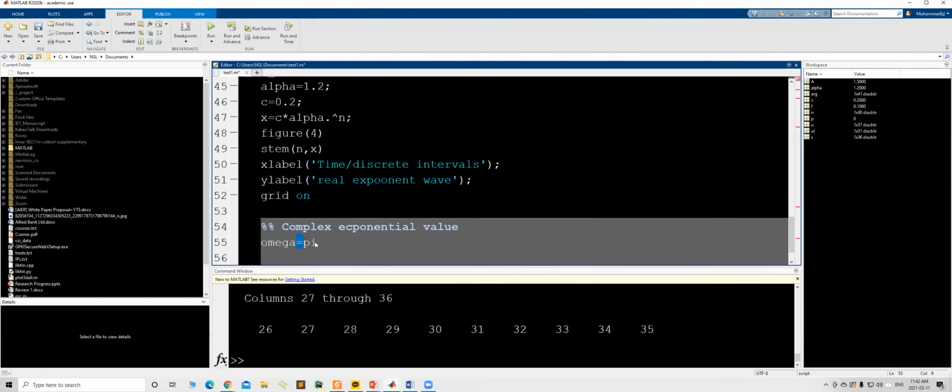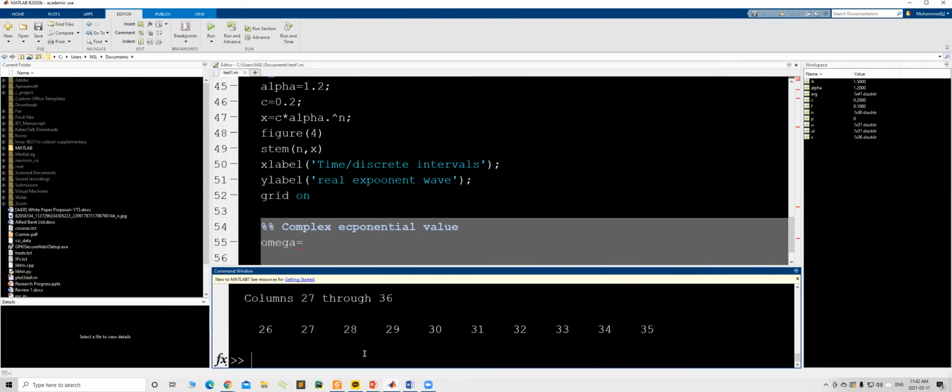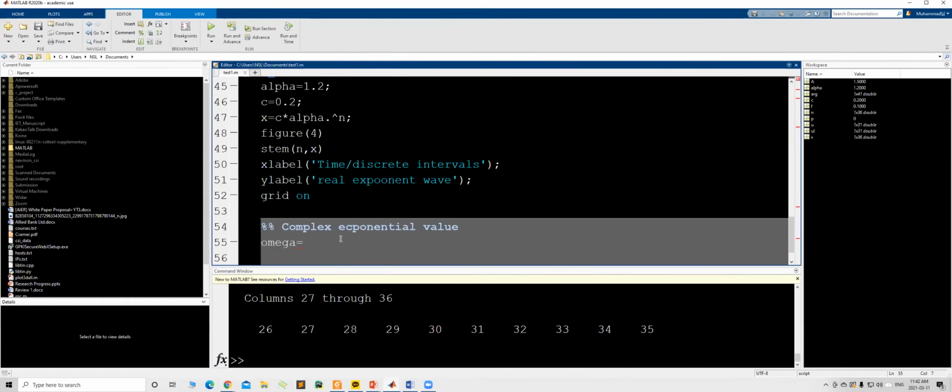Pi value is 3.14. Sorry, omega is this term, this one. So declare omega any value. Let's say omega is equal to 0.15, any value. Just think of any value and plot it.